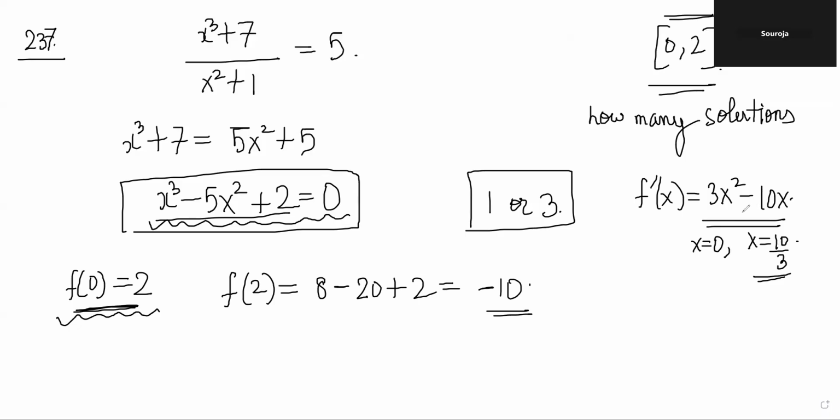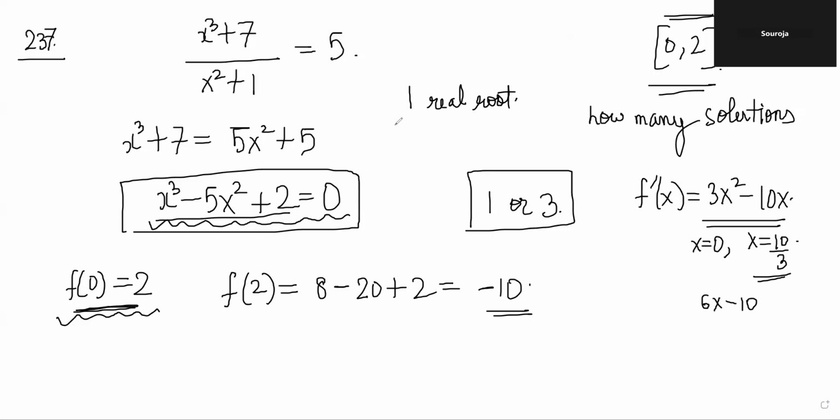And double derivative is 6x minus 10. At 10 by 3, it is 6 into 10 by 3, positive, so it is a minima. But 10 by 3 is anyway beyond. Okay, the answer is it has only one real root.